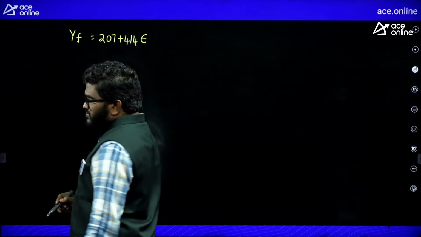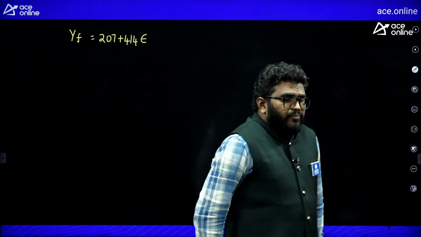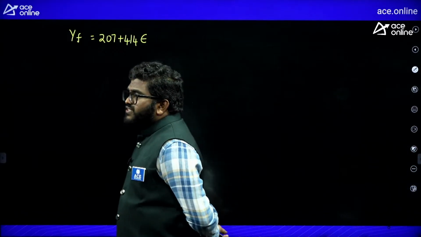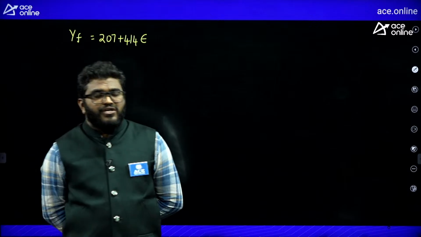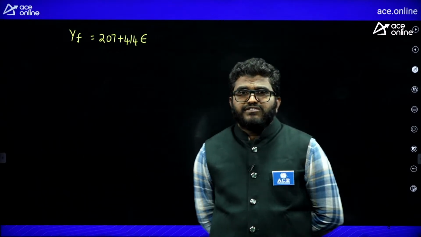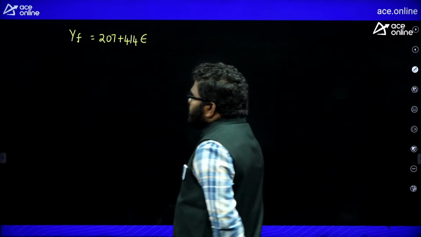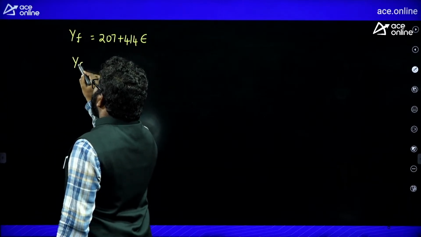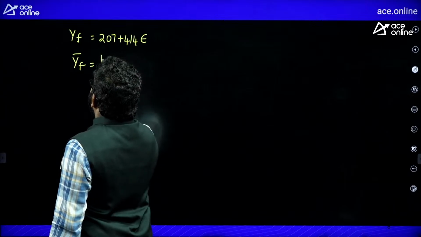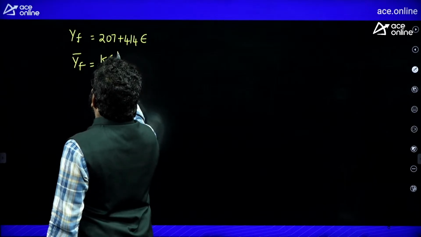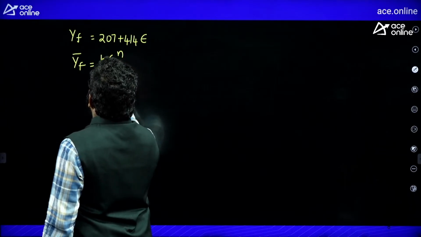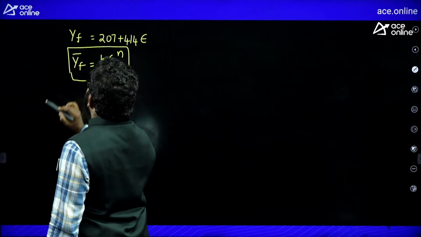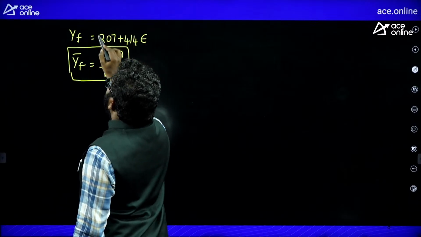Now from this we should calculate the average flow stress. Generally, listen carefully, the average flow stress formula for your exam is K epsilon t power n by n plus 1.